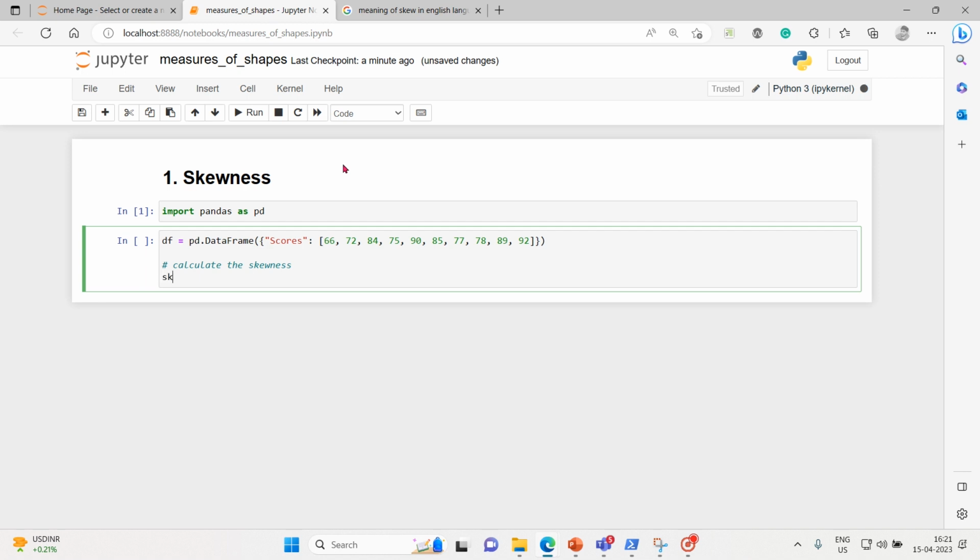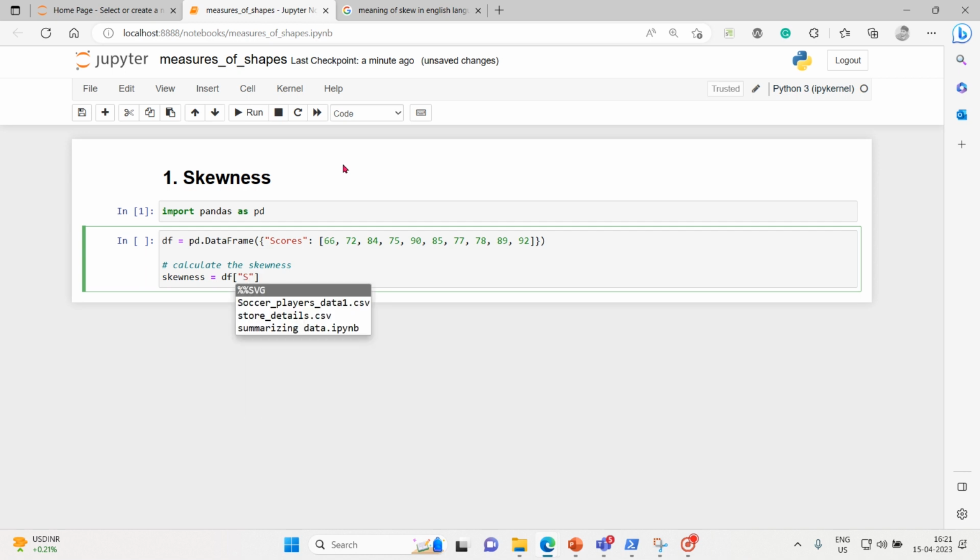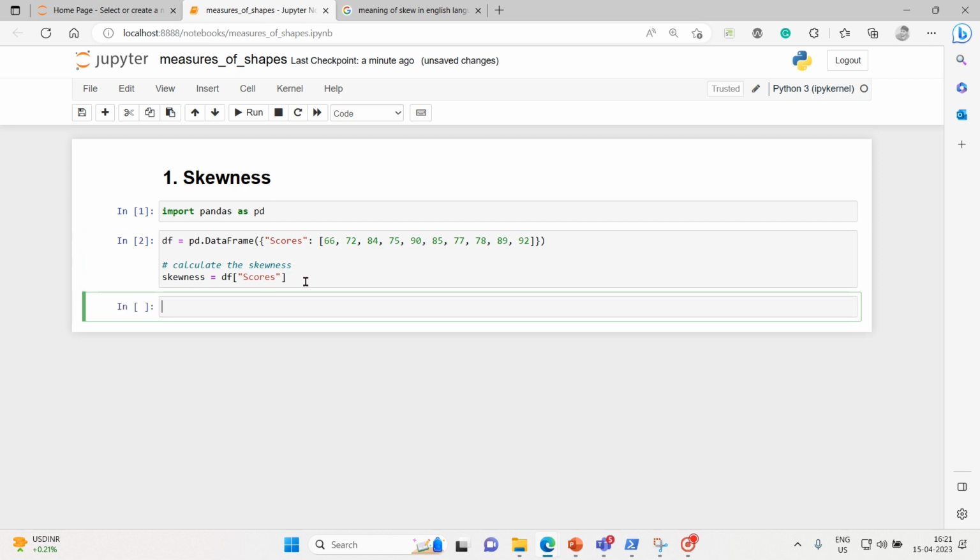Skewness is equal to df scores, and then skew.